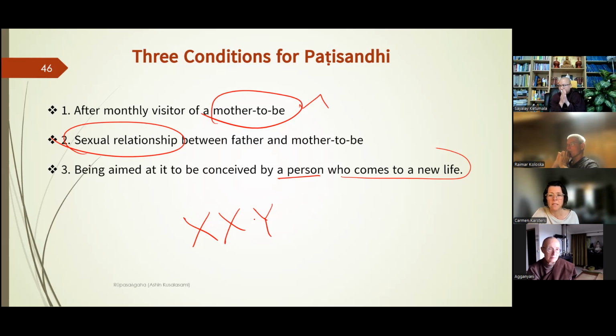But some people were born with two organs, male and female. In this case, how do we decide whether that person has Itthibhava or Purisabhava?